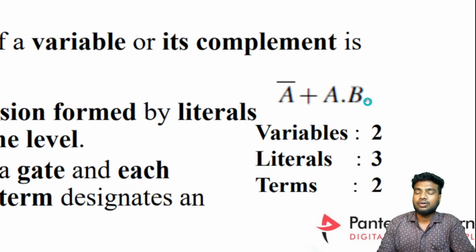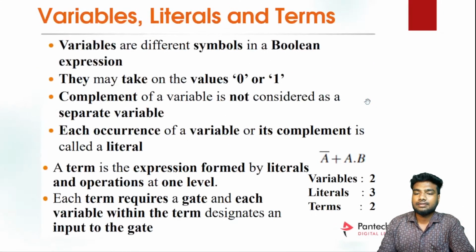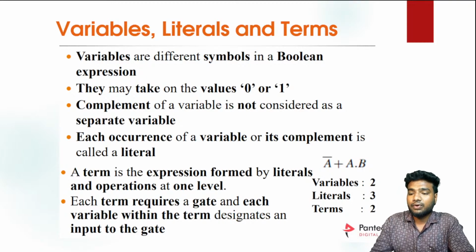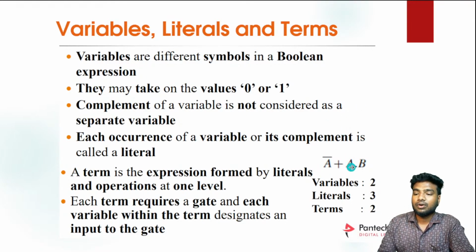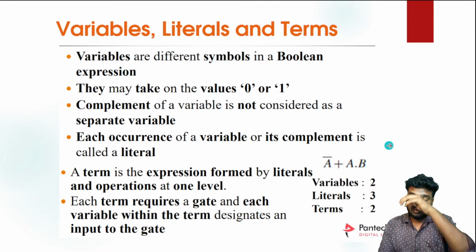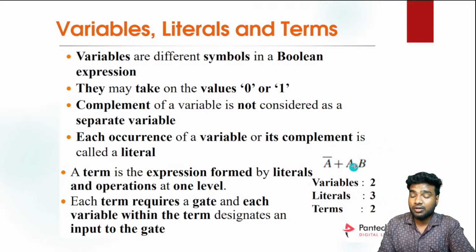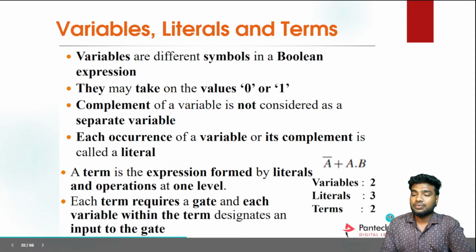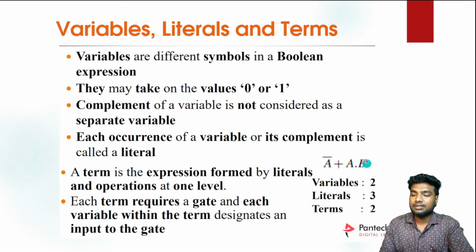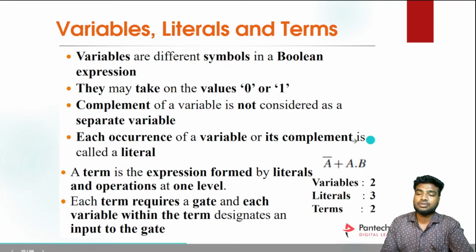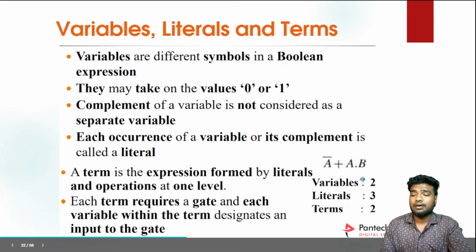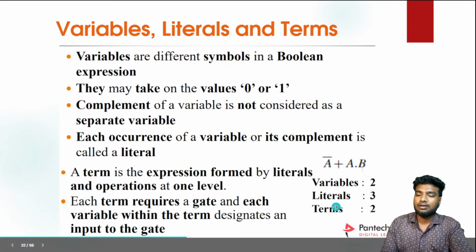Literals are A bar, which is one literal, A, which is another literal, and B, which is another literal. So there are three literals in this equation. Then there are two terms: A bar is one term, and A and B is another term. Here I am doing an OR operation, an addition operation, which separates the terms A bar and A and B.